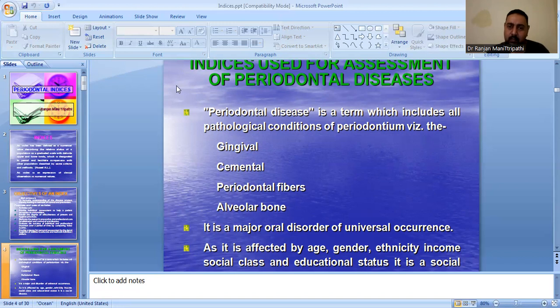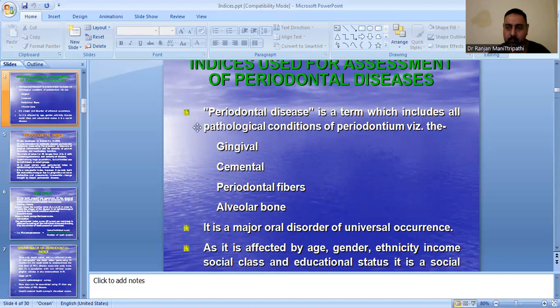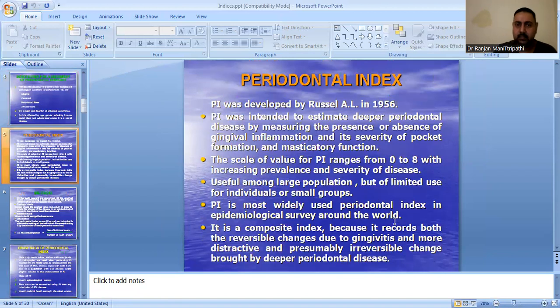It is a major oral disorder of universal occurrence as it is affected by age, gender, ethnicity, income, social class, and educational status. You may consider it a social disease.